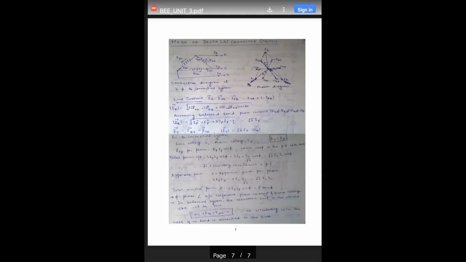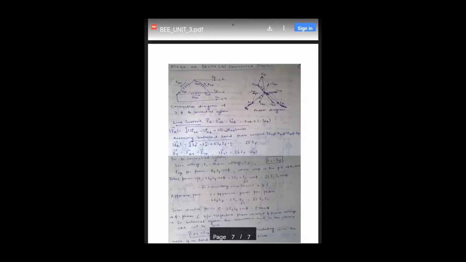Since these EMFs are circulating, they are the same as in the case of the star voltages of the different phases. The sum was zero.